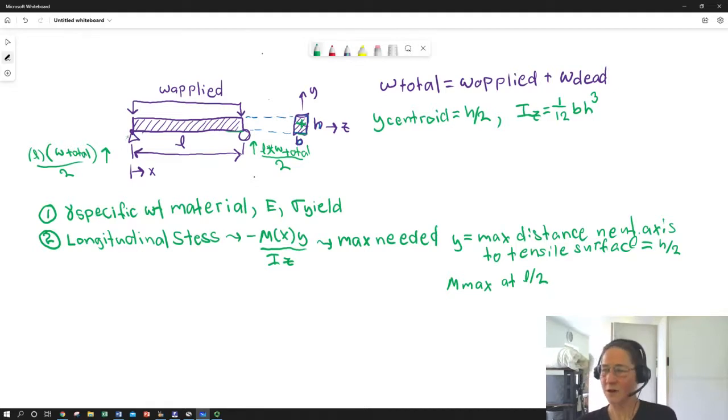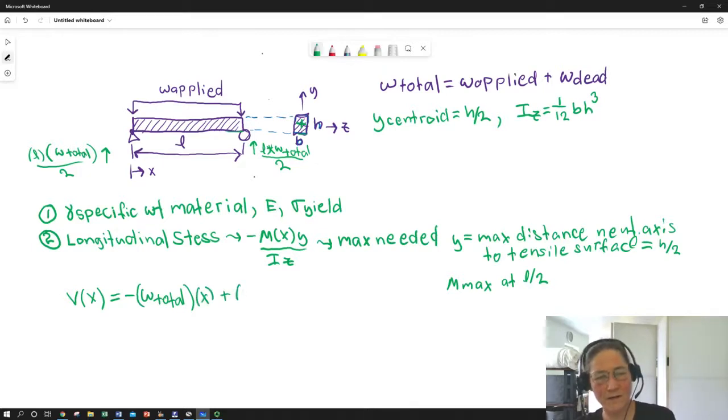If we go through our shear and bending expressions, our statics expressions, we can get an expression for shear at any x and for moment at any x. Our shear, and this is not our shear stress but our shear force V, at any x is going to be equal to negative W total times x plus that value at the support.